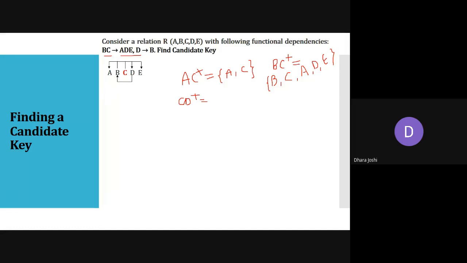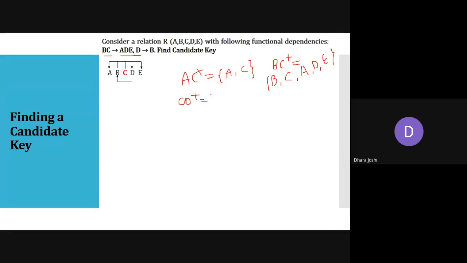Deep replied CD. Akanksha replied CDB. Sunil replied BCD. Okay, we'll try to solve that.